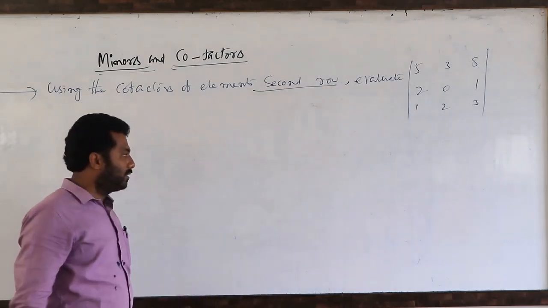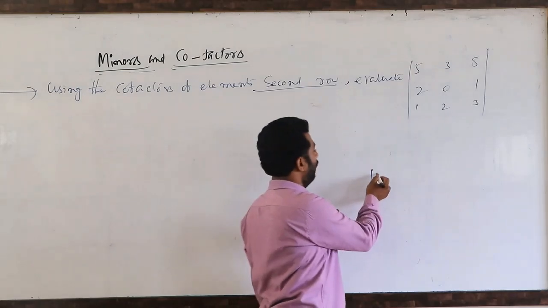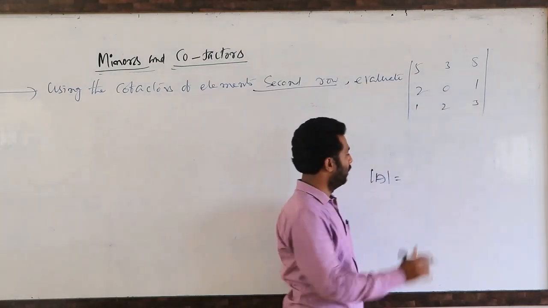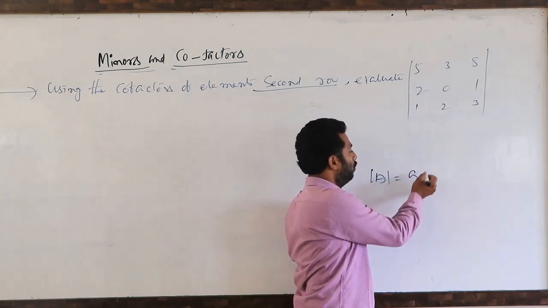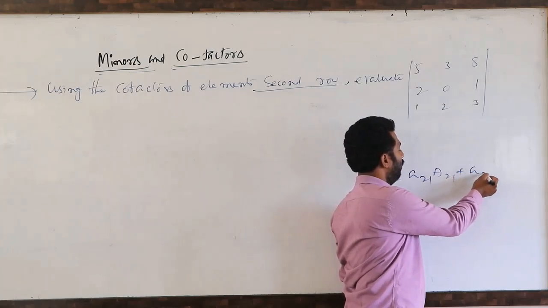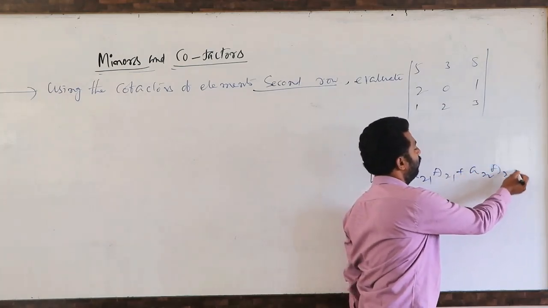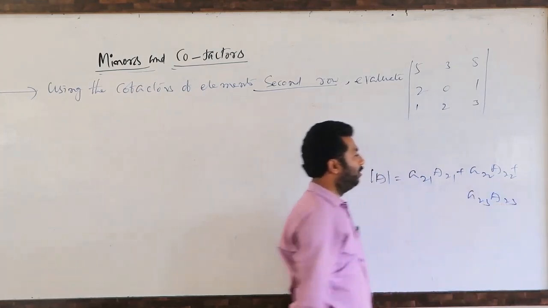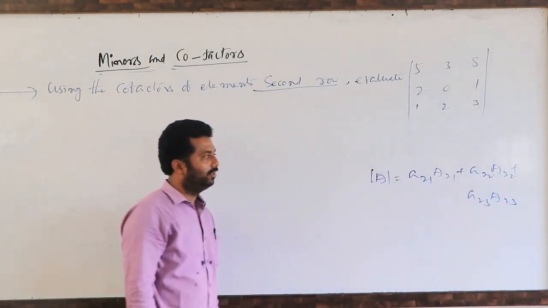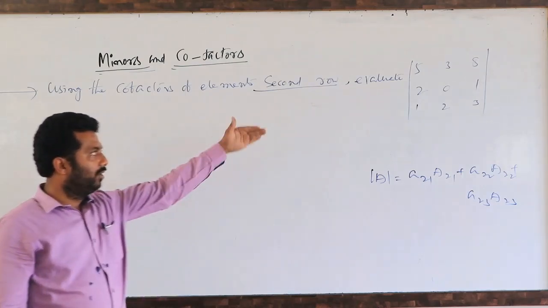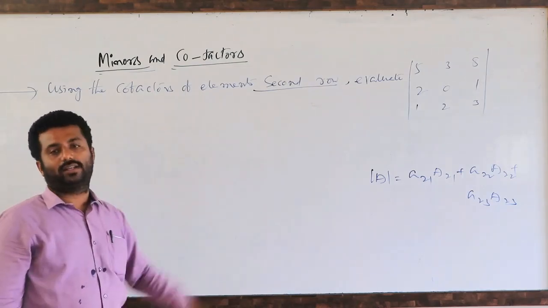Just now I told, the determinant of A along the second row means this is the second row only, no? A21 capital A21, A22 capital A22, A23 capital A23. Determinant of A is nothing but the sum of the product of elements of the second row with the same row cofactors.